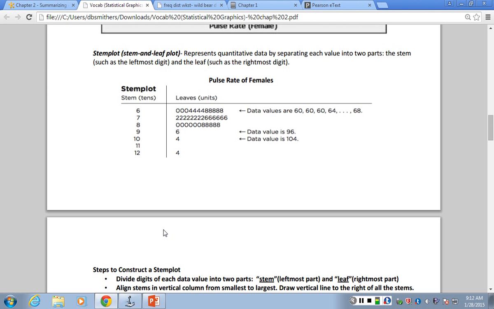Okay? How would you do that if one of your values was a decimal? Would you round? Start at 0? I think what they would have you do. I don't think that any of the examples that I have you do would do that. So you just put a dot in the number in the leaf section. Like if it was 6.3, the stem was 6 and the leaf was 0.3.